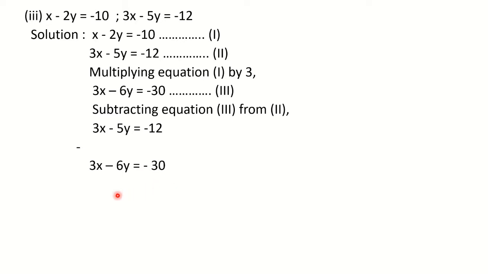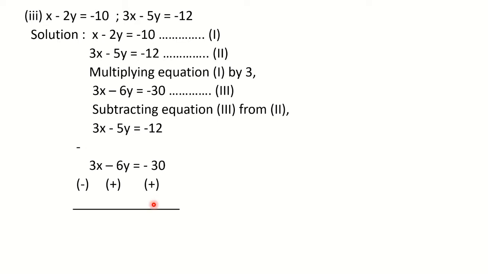Whenever we are subtracting, we have to change the sign of each and every term of the second equation. So plus 3x will become minus, minus 6y becomes plus, and minus 30 becomes plus. Whenever you are doing subtraction, this step is very important. You have to change the sign everywhere.